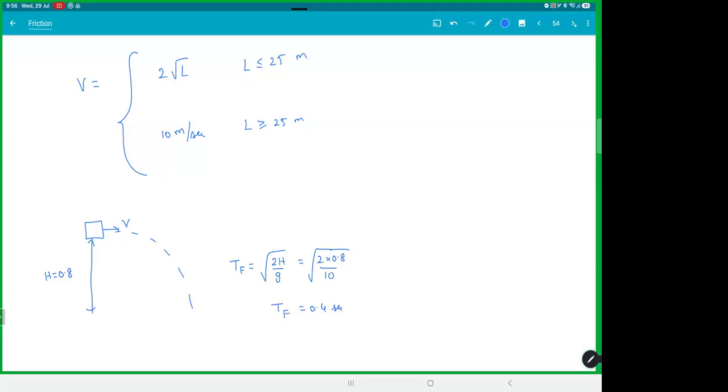That's your time of flight. So your range also will depend on the answer again. Range is equal to horizontal velocity into time of flight. So the range will be 0.8 into root L if the length of the conveyor belt is less than 25 meters, or it is 4 meters if the length of the conveyor belt is greater than 25 meters.